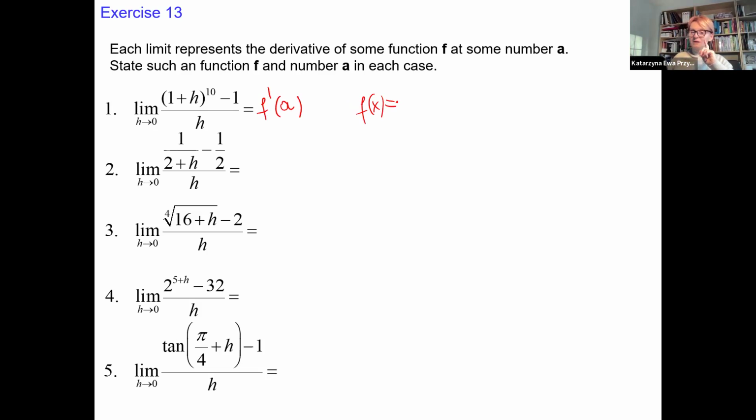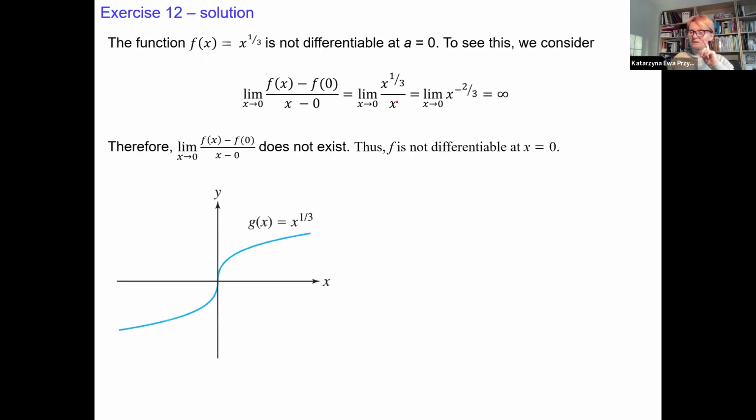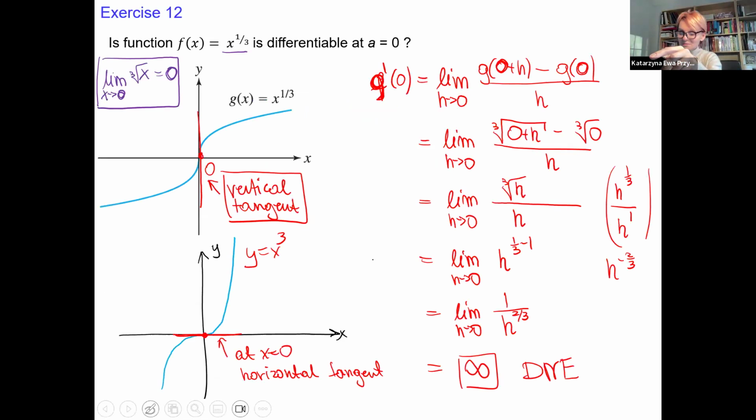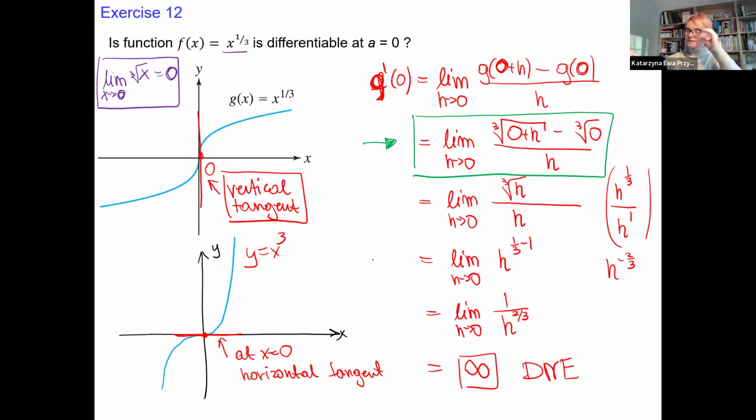Okay, let me come back for a second to what we did. Do you see this one? That's what I am asking. I am providing that green limit: the limit as h goes to 0 of cube root of a plus h, where a is 0, minus cube root of 0, which is f of 0 plus h minus f of 0, over h.